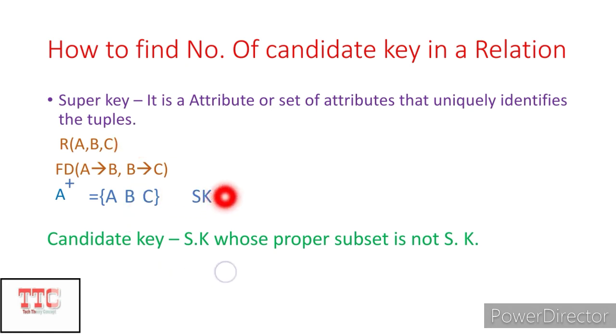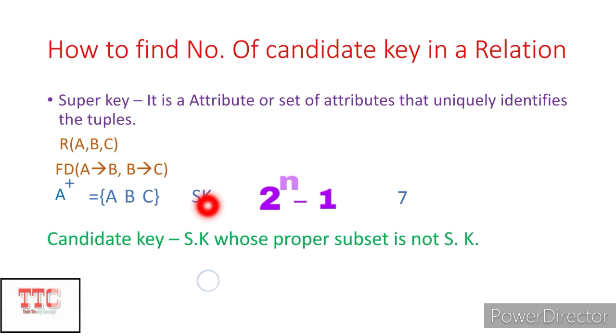In a relation, how many super keys are possible? 2 raised to n minus 1, where n is the number of attributes. So here if we put 3 in place of n, we get 7. So in this relation, we need to calculate the closure of attributes A, B, C and their combinations also, like AB, BC, AC and ABC.